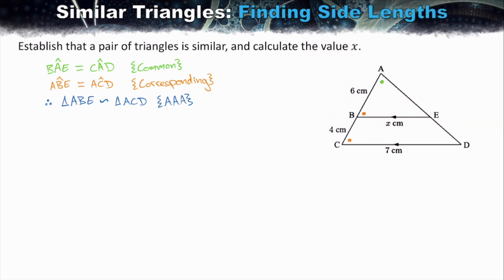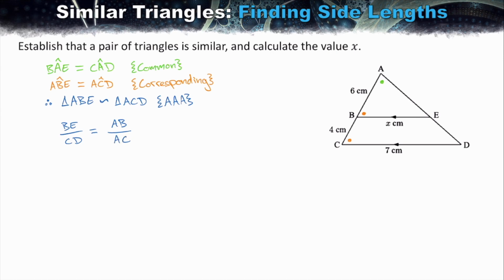The corresponding sides I'm looking at is this side length here between B and E. The corresponding side for the larger triangle will be between C and D. So if I take the length of BE and divide it by the length of CD, the ratio of those sides should be equal to the ratio of this shorter side here, between A and B, and its corresponding side between A and C. So this will be the shorter side between A and B divided by the longer side between A and C.